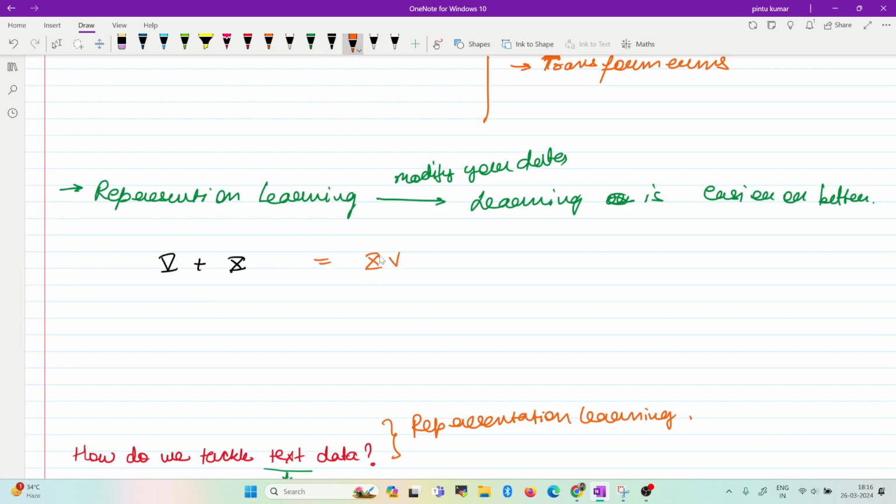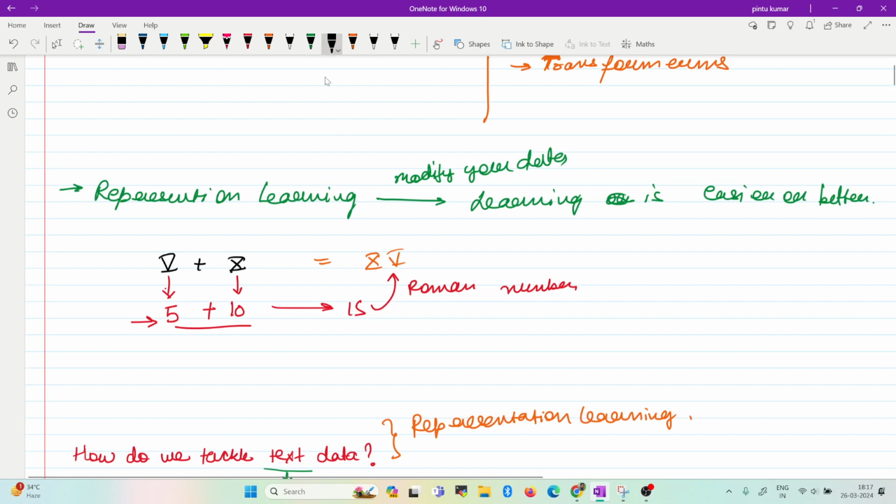What in your mind you are doing is first converting this text to your decimal number system, converting this also to decimal, then carrying out the addition, getting the answer 15, and then converting it back to the Roman number system. So for your mind to do addition, the decimal number system is a better representation of numbers as compared to the Roman representation.